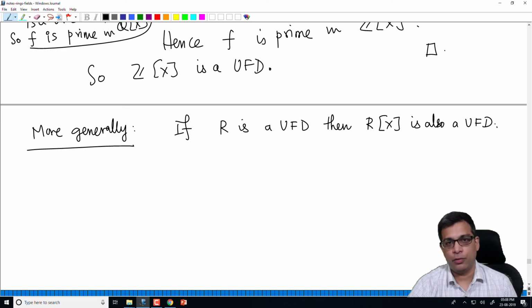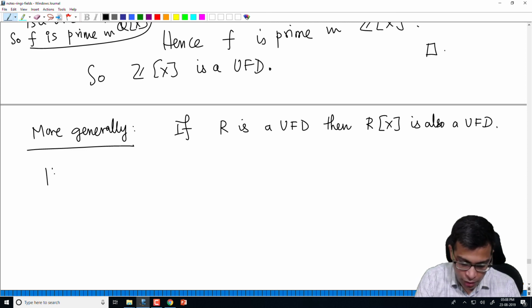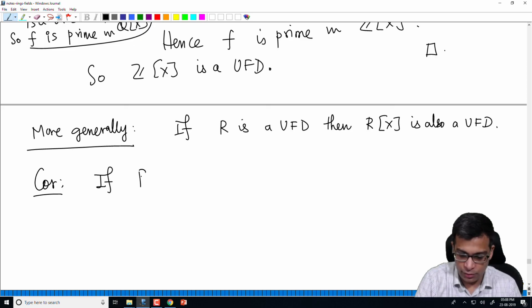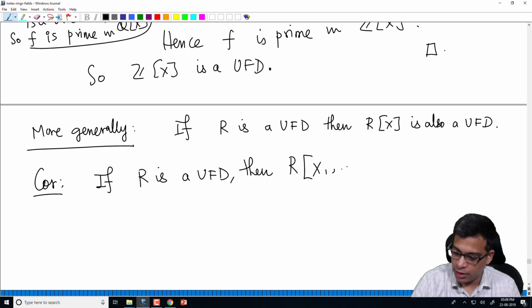R now plays the role of Z, and Q is replaced by the field of fractions of R. Everything goes through. As a good exercise, you can check all the statements step by step and prove it in this general case. Hence, we can say by corollary, if R is a UFD, then the polynomial ring over R in any finite number of variables is a UFD.